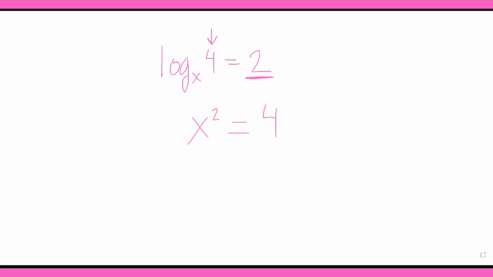What squared equals 4? Well, I know that has to be 2, or it could be negative 2, right? In our adult life, we often say plus or minus 2. Or if I just square rooted both sides, that would be plus or minus 2. But we could say that is 2. 2 squared equals 4. Log base 2 of 4 equals 2. So that would be our answer there.